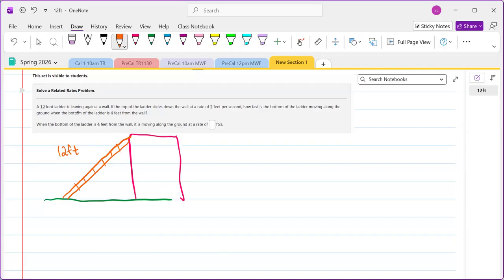It's leaning against a wall. If the top of the ladder slides down the wall at a rate of 2 feet per second, so this ladder is now sliding down. I like to put a little double arrow for my direction of movement, and it's going down at 2 feet per second.